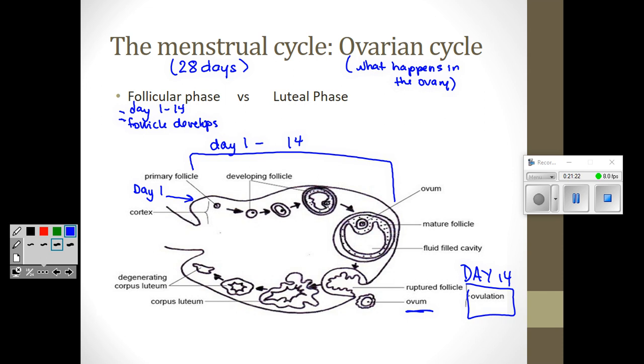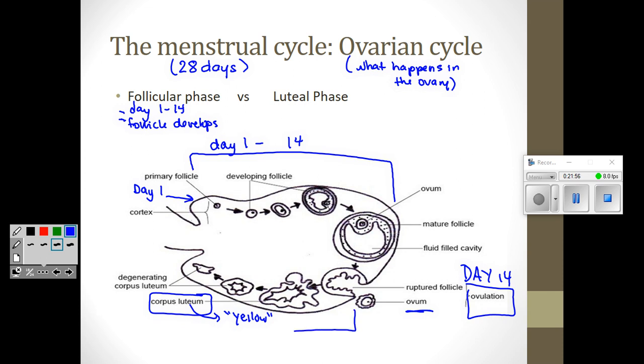Now, once the ovum is released from the follicle, see how the follicle was ruptured, but there's still a structure there? The ruptured follicle becomes the corpus luteum. Luteum means yellow. Sometimes people will call it just the yellow body. Corpus means body, luteum means yellow, yellow body. But it's what remains of the follicle after the egg has left the follicle.